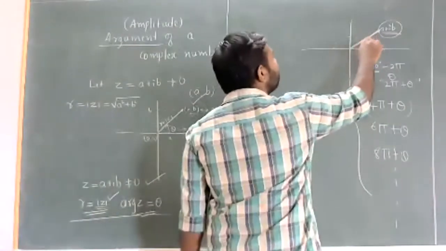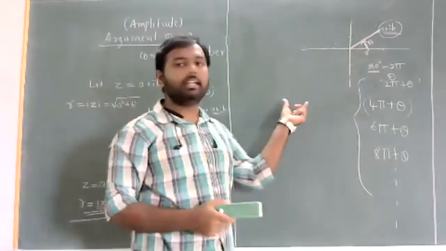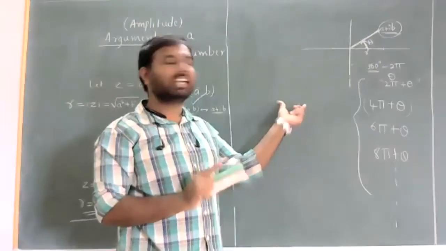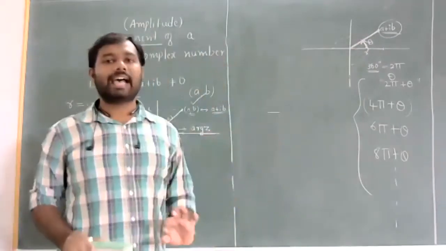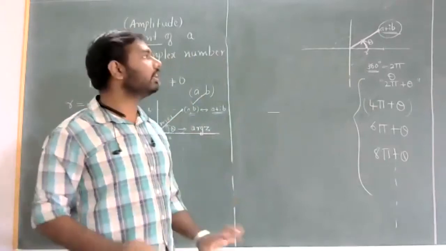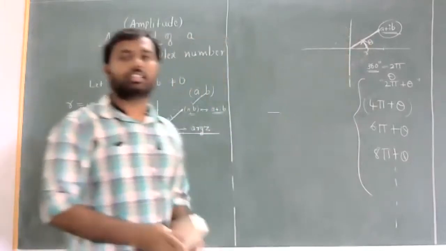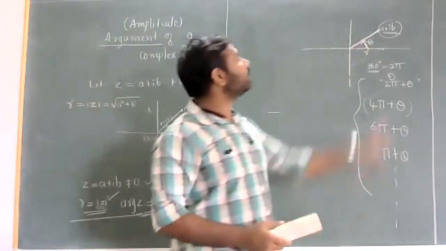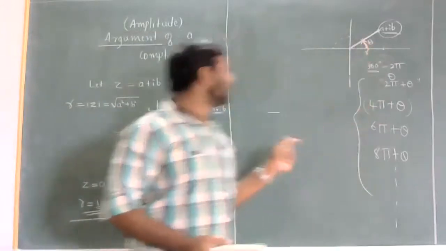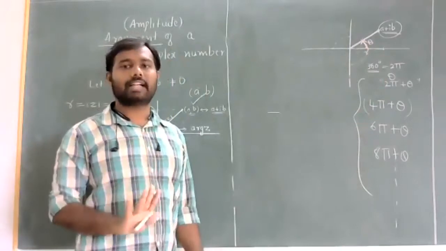If you are measuring an angle in the clockwise direction, it will be negative. That negative sign just indicates the direction. Generally we measure angle in the anti-clockwise direction, the direction opposite to the clock. If you measure angle in the clockwise direction, you just have to put a minus. That minus indicates just the direction itself.